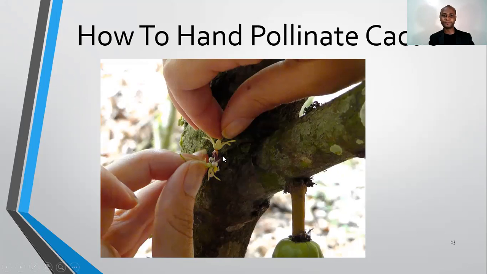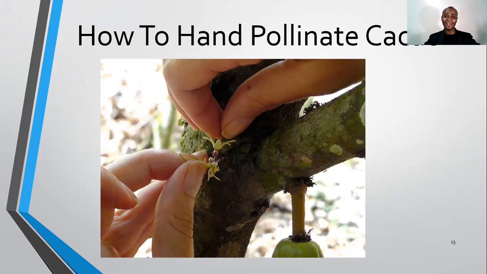Every tree produces thousands of flowers every year, and your goal is to convert most of these flowers into pods. I'm sure that when you visit your farm and you watch the flowers, you get so excited.